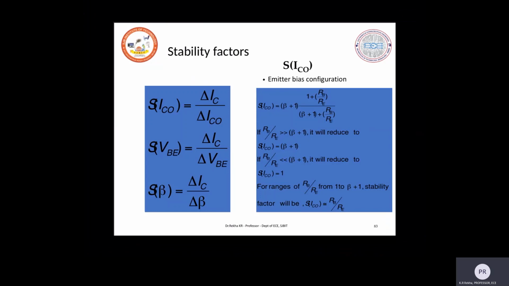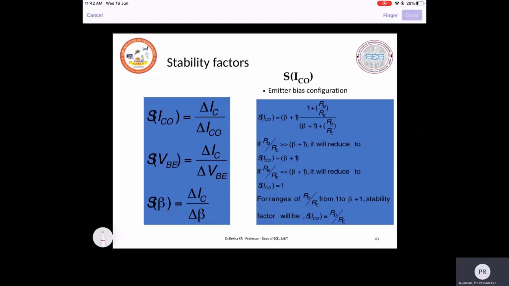So we can see here it works with S dash and S double dash. S dash is delta IC by delta ICBO, keeping beta constant, and S double dash is delta IC by delta VBE, keeping ICBO constant. Similarly, you can find it for an emitter configuration.